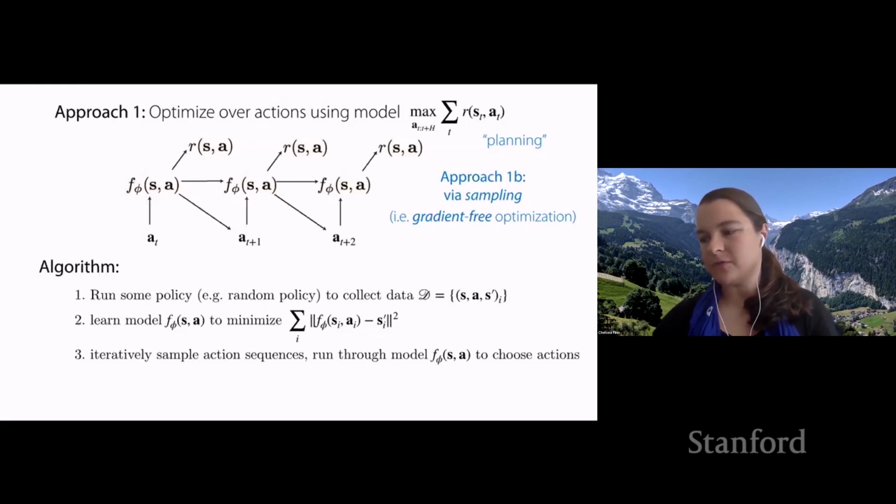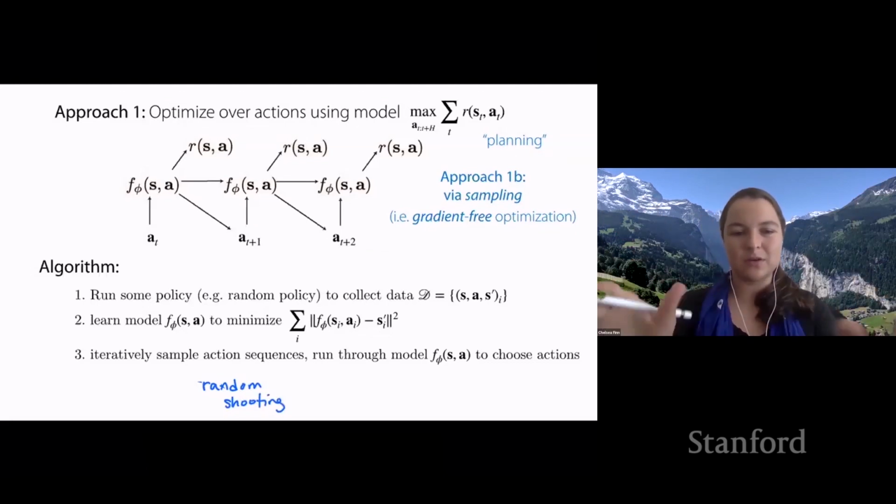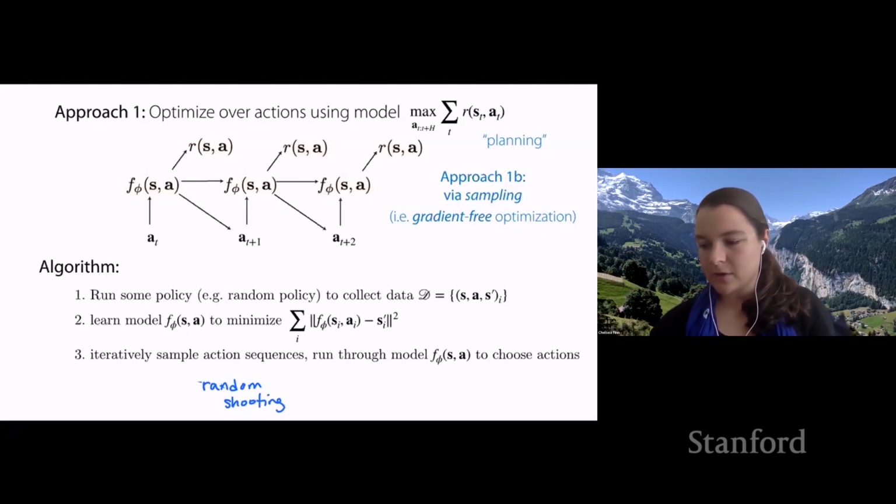So there's a variety of gradient-free optimization approaches that you can use. One is what's called random shooting, which is simply where you just randomly sample a bunch of action sequences and kind of shoot them out, which is why it's called shooting, and then pick the one that works the best. Another is called the cross-entropy method, which may sound a little bit confusing.